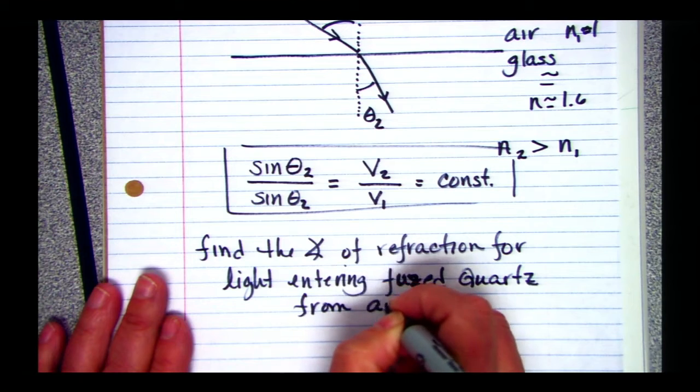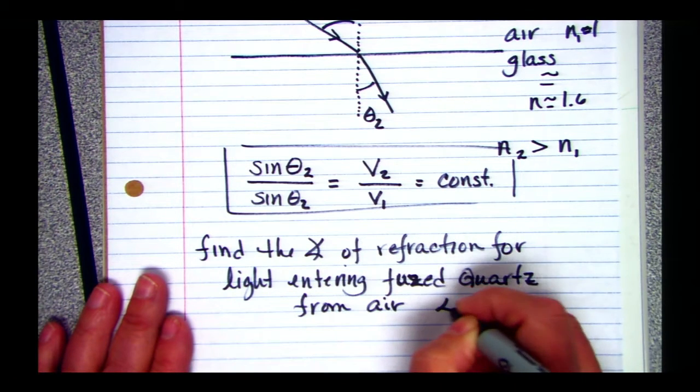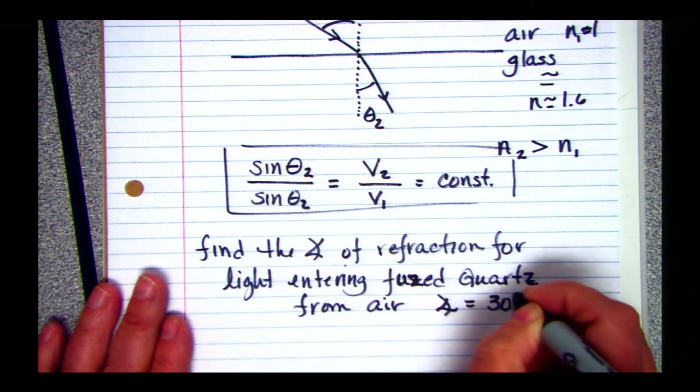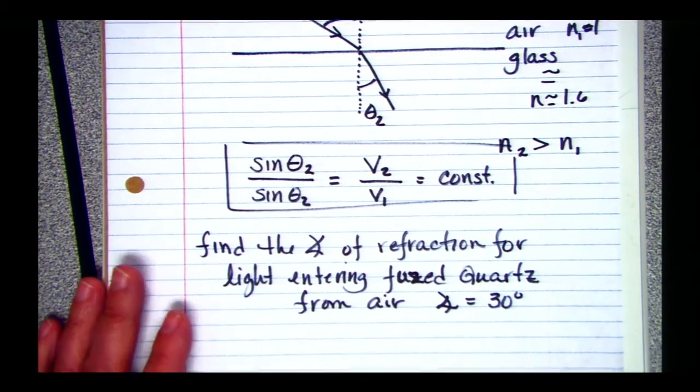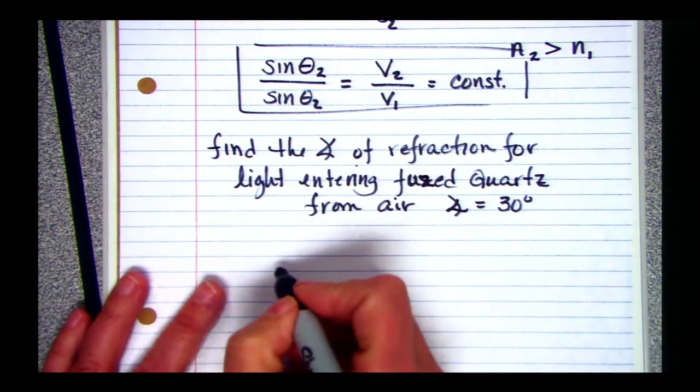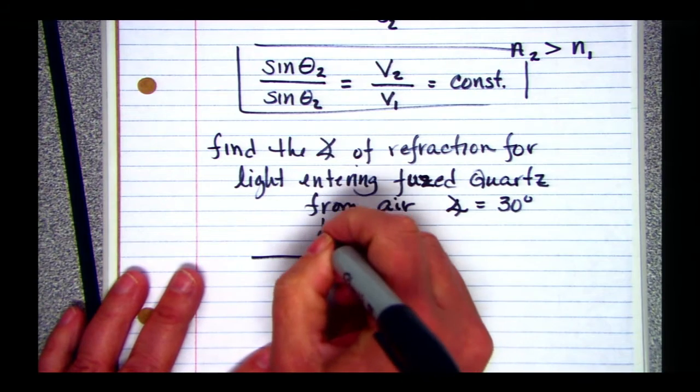So basically we've got that situation. Our light comes in here at 30 degrees. This is air, so we're going to have an index of refraction of 1.